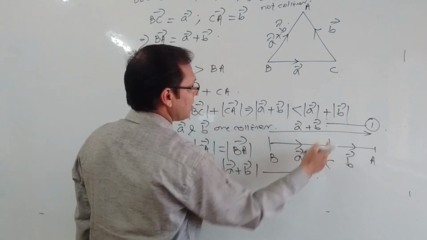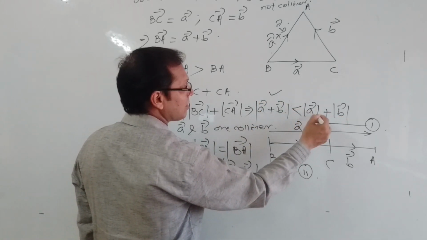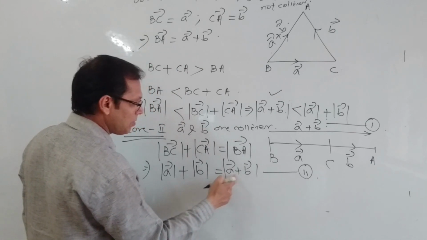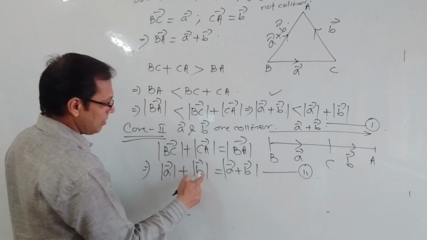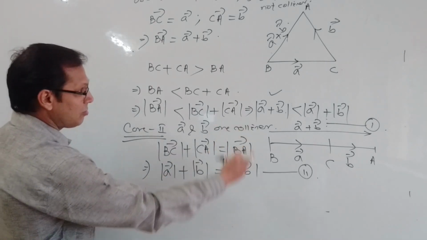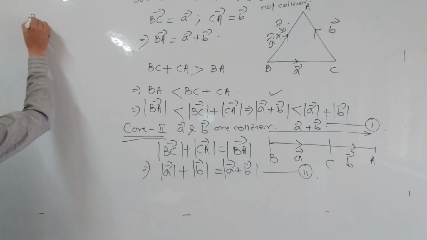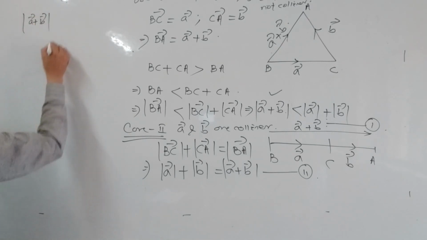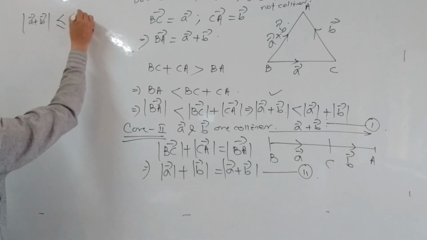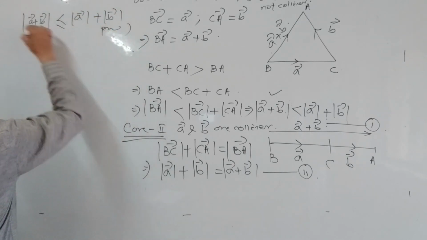From equations 1 and 2: in equation 1, A plus B vector magnitude is less than A vector magnitude plus B vector magnitude. Here A plus B vector magnitude is equal to A vector magnitude plus B vector magnitude. From these two equations, we conclude that A vector plus B vector whole magnitude is less than or equal to A vector magnitude plus B vector magnitude. Proved.